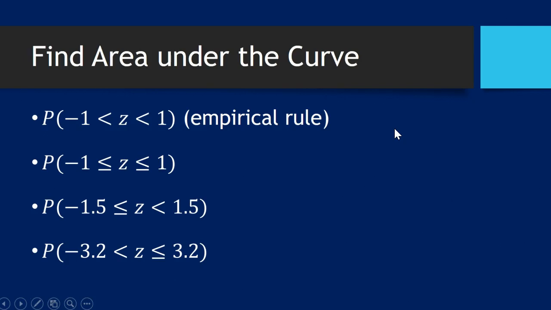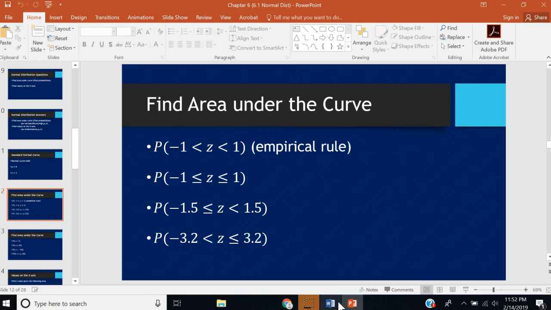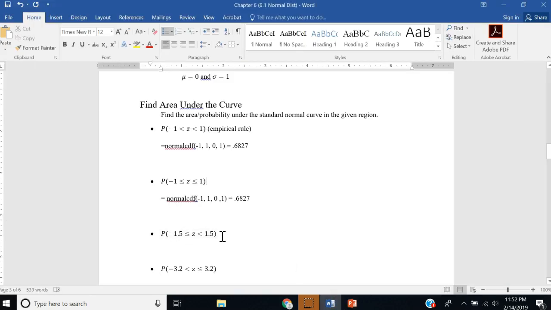All right, so basically, in this third bullet point, from negative 1.5 to 1.5, hopefully you did do the pausing. I'm going to write it down right here. So what we would do is we would take a normal CDF function. My lower bound is negative 1.5. My upper bound is 1.5.